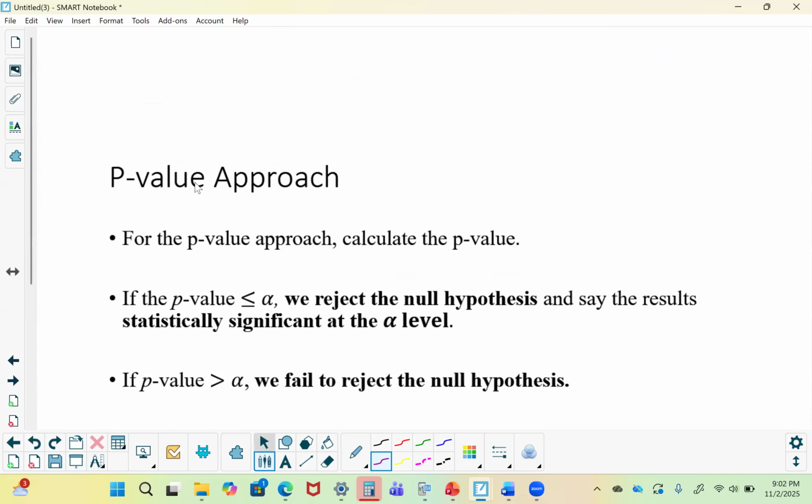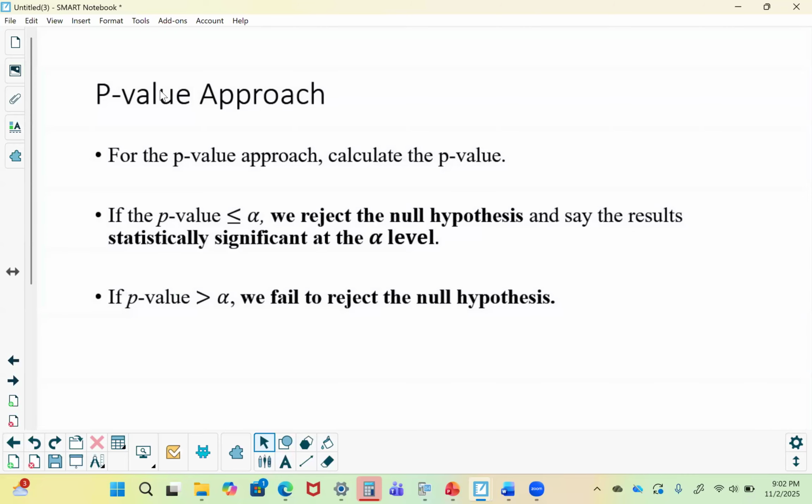So we are going to use what's called the p-value approach. There's the p-value approach, or you can also do it based on the critical value, but we always do the p-value approach in this class. For the p-value approach, we calculate that p-value, that probability. If the p-value is less than or equal to the significance level alpha, we reject the null hypothesis and we say the results are statistically significant at that alpha level.